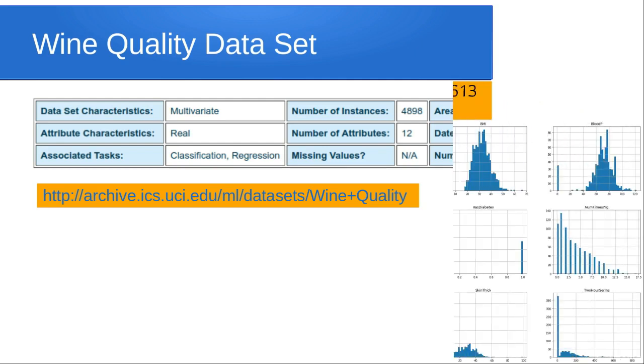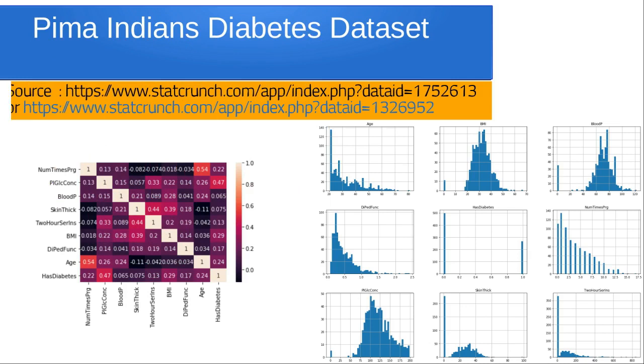Now coming to the next dataset, the PIMA Indians diabetes dataset involves predicting the onset of diabetes within 5 years in PIMA Indians given medical details. This dataset is originally from the National Institute of Diabetes and Digestive and Kidney Diseases.